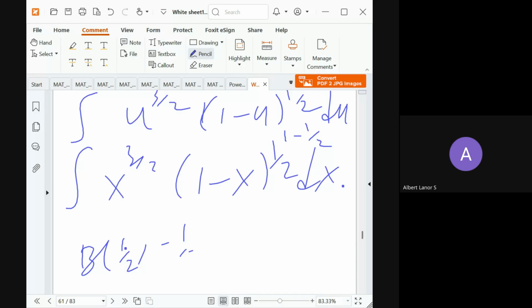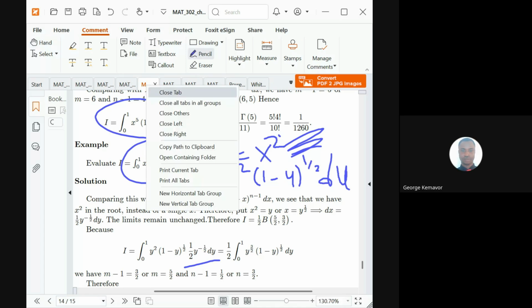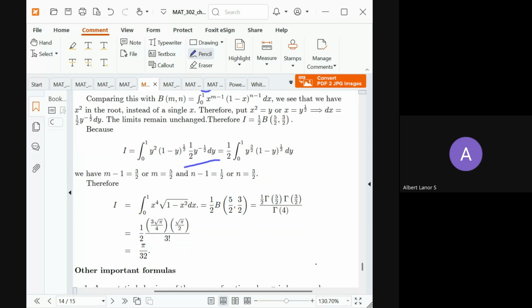All right, so by now you should see that this should be something like this. So you add 1 to it, and then you have half of the beta. All right, so you're going to have half of beta 5/2. So the 5/2 minus 1 is the 3/2.